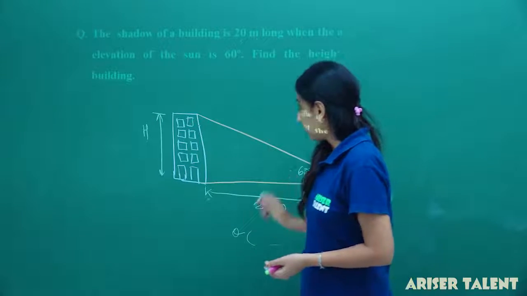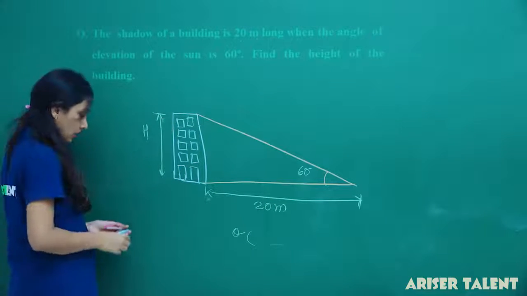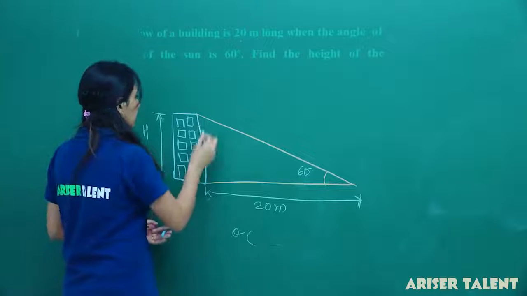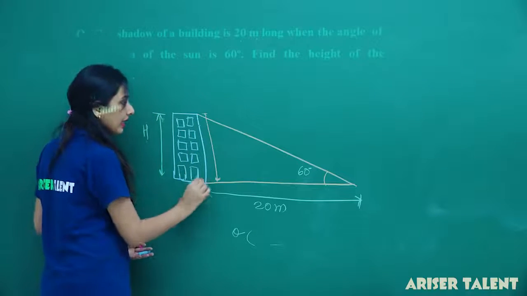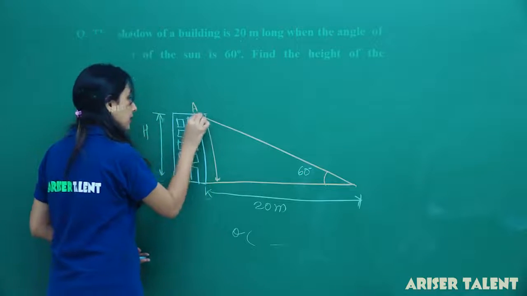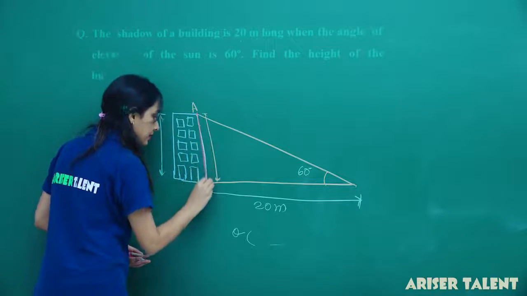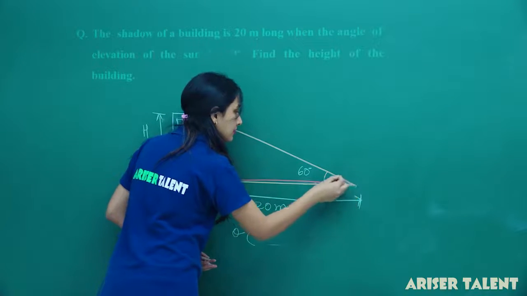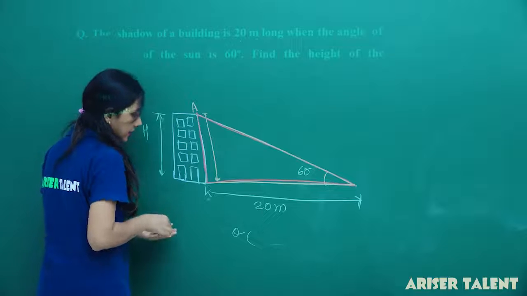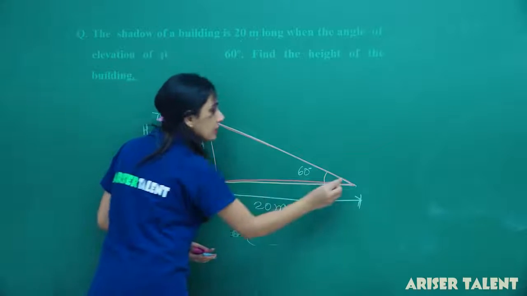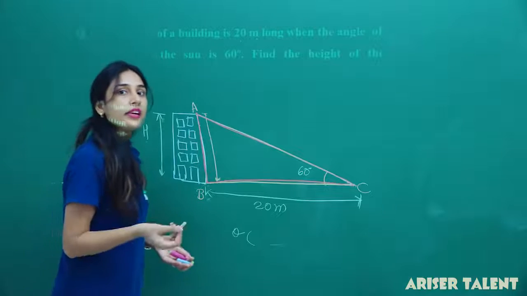So, here is the thing. Okay. Now, I have to find this height. Now, this height will be equal to this height. So, I have to actually find this length. Now, students, if I consider this point as A, this point as B, and this point as C. Is it an ABC right angle triangle?